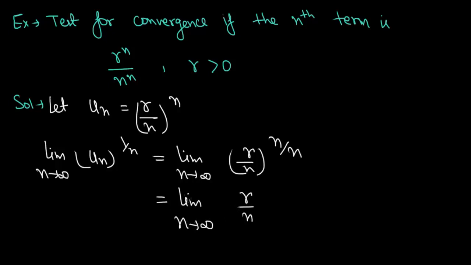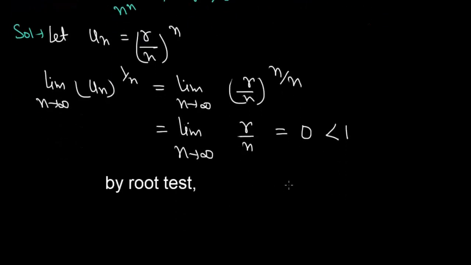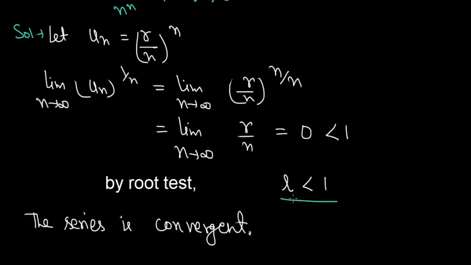When we put the limit, we get r upon infinity, that is something upon infinity, that is 0, which is less than 1. So by the root test, L is less than 1, and so the series is convergent, whose nth term is r by n power n.